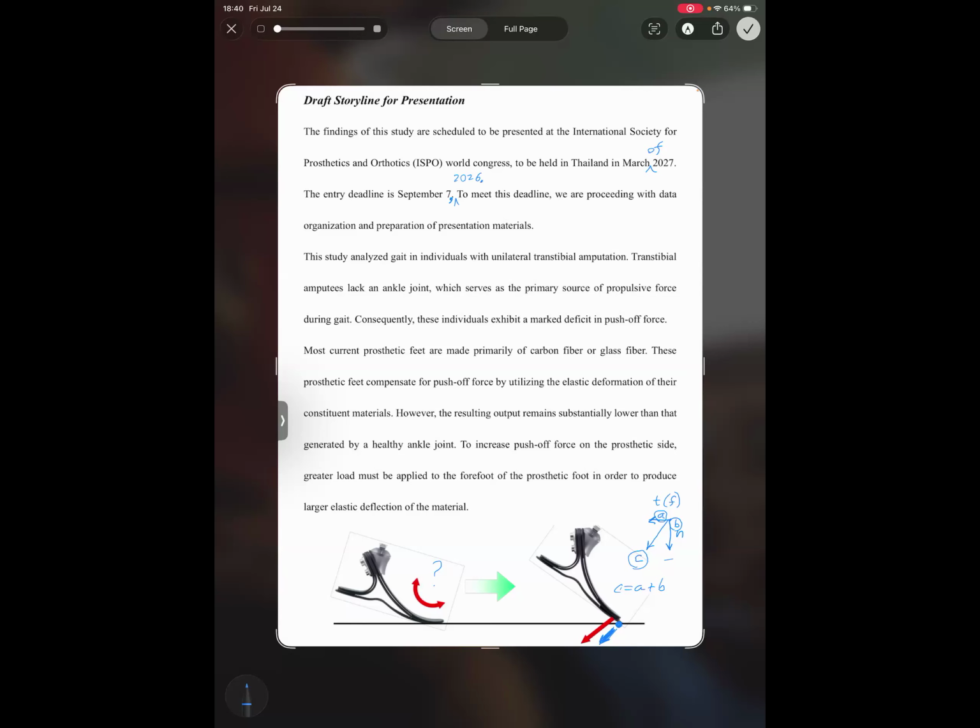Trans-tibial amputees lack an ankle joint, which serves as the primary source of propulsive force during gait. The primary source of propulsive force.